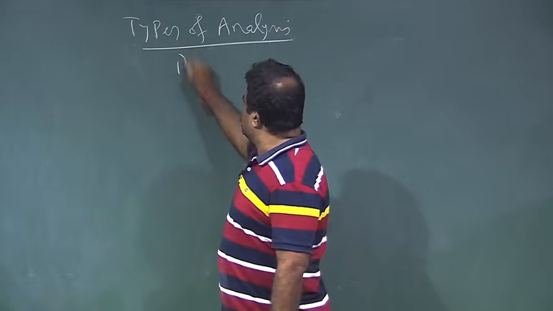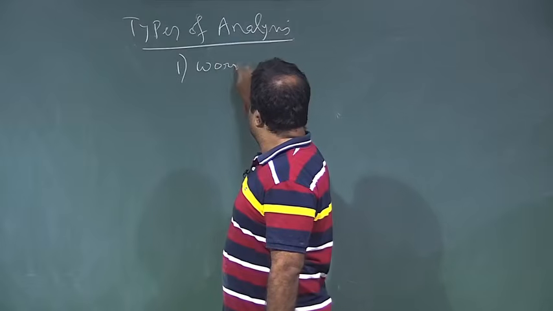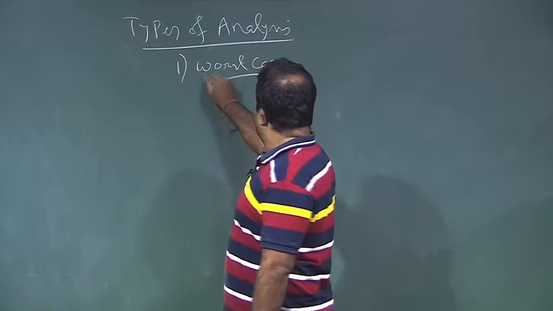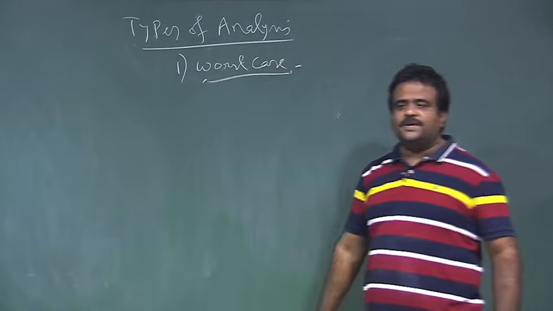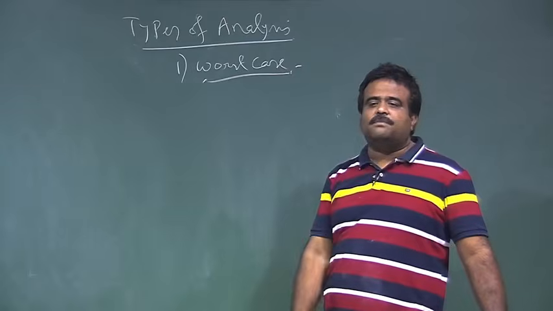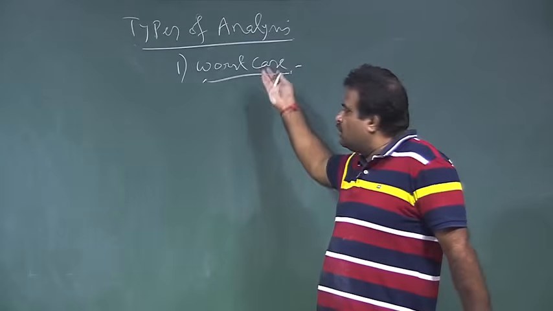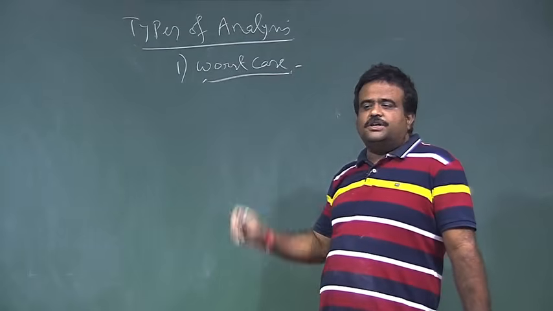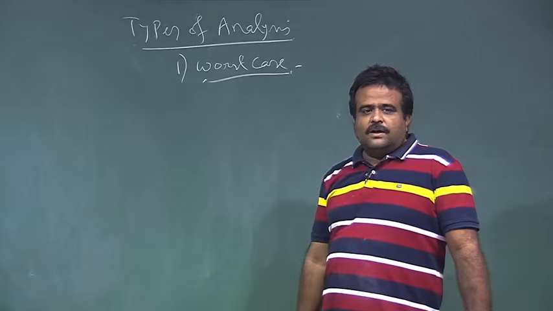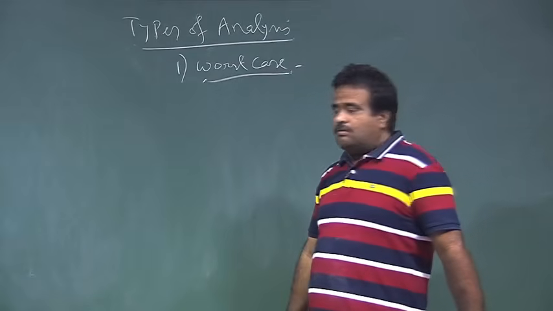First one is worst case. Worst case means it is taking more time, maximum time T(n) is taking. We will talk in more detail in the next class. It is the maximum time taken by our code.